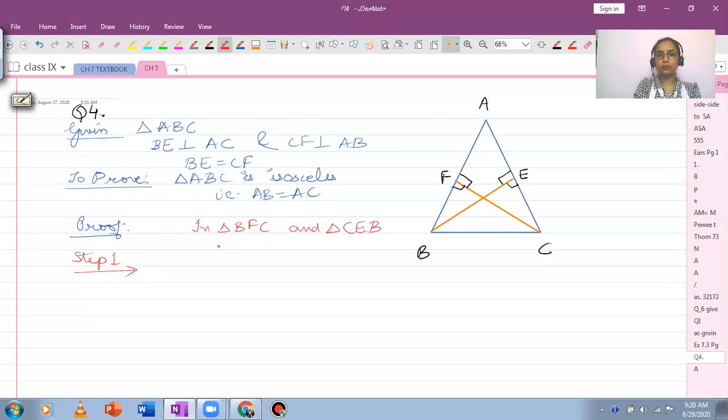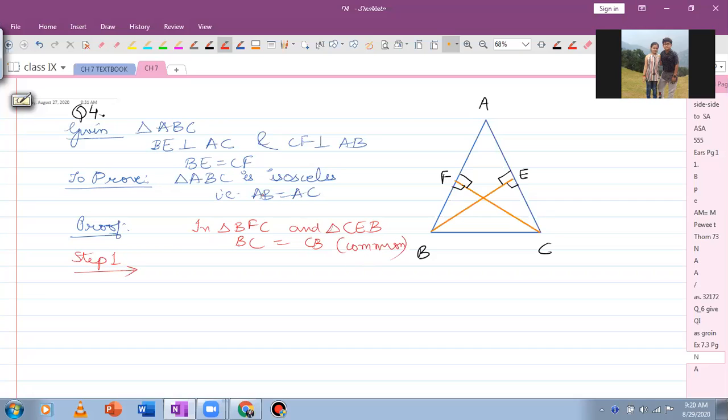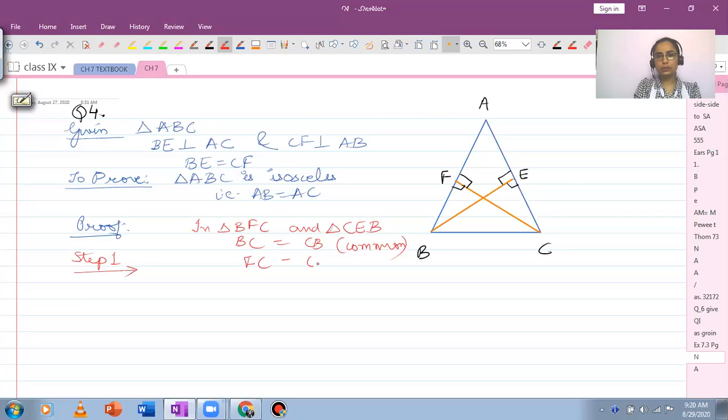So we will have the common side, FC equals EB. These are the equal altitudes.